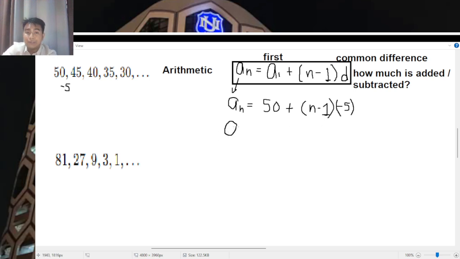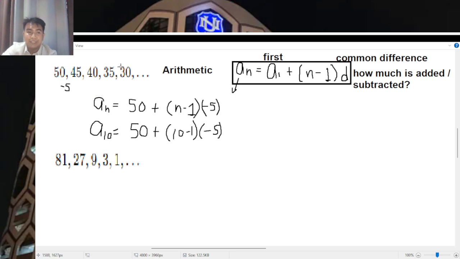Now, finding the 10th term, just replace n with 10, as we have done earlier. So it's going to be 50 plus 10 minus 1 multiplied by negative 5. There you go. Let me just move my solutions here, and then just solve this.